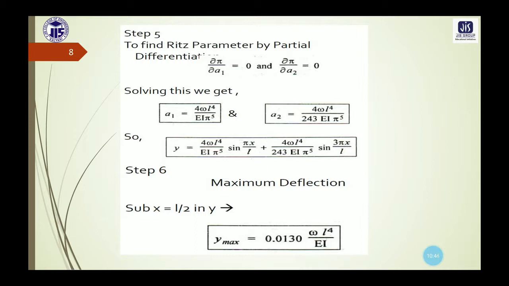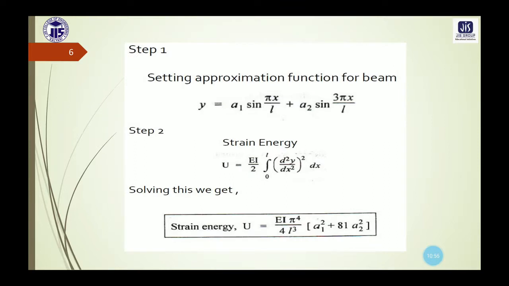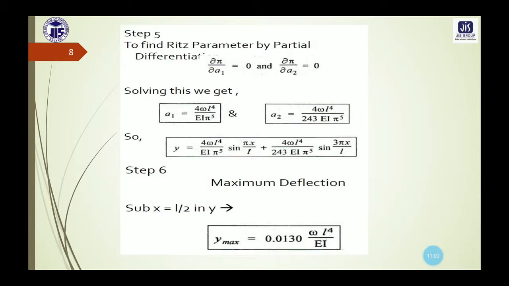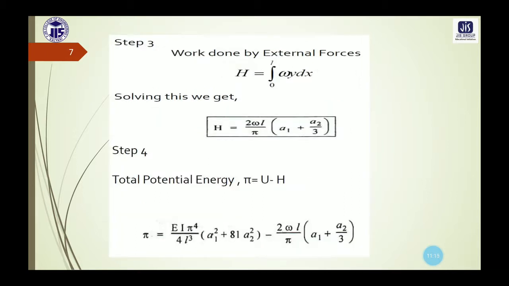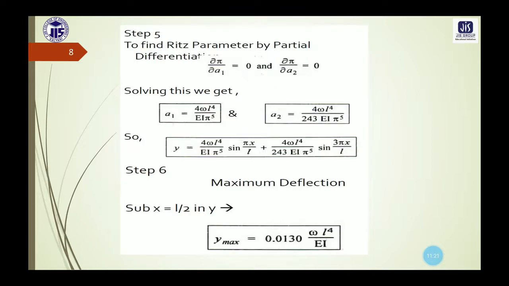Next, we need to find the Rayleigh Ritz parameters by partial differentiation. These parameters are there in the approximation function in the form of a1 and a2, and we need to find these two parameters in step 5. For that we need to do del pi del a1 equals 0 and del pi del a2 equals 0, where pi is the mathematical representation given here.